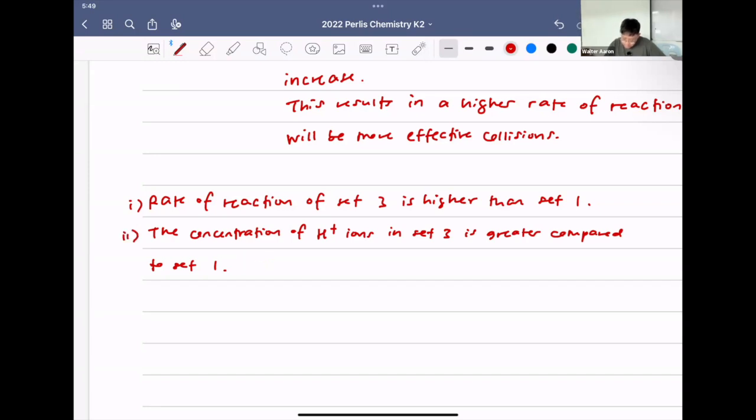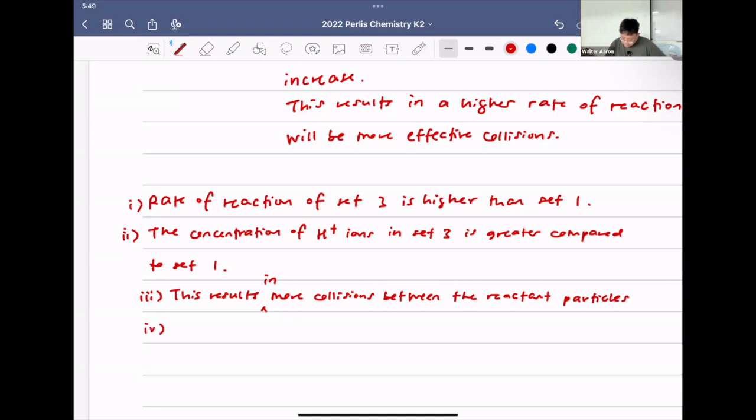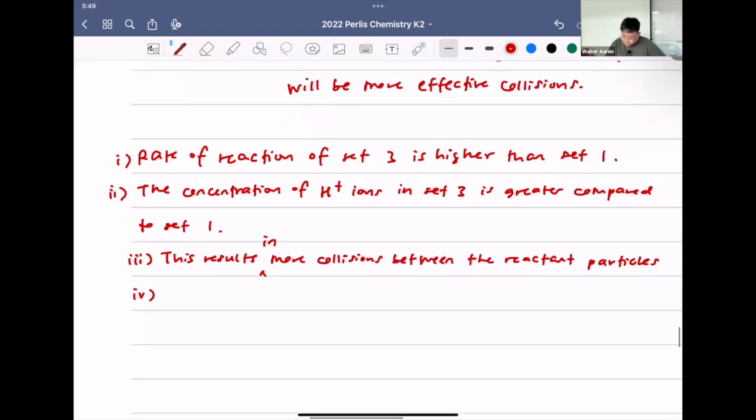Okay, this results in more collisions between the reactant particles. Okay.